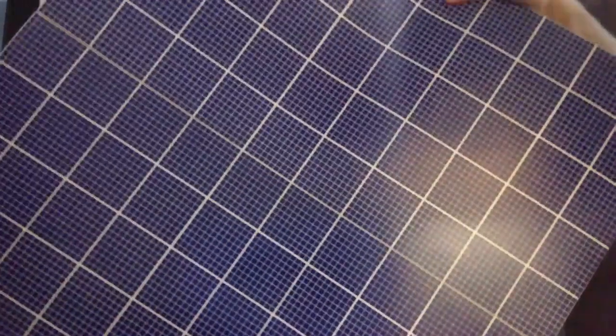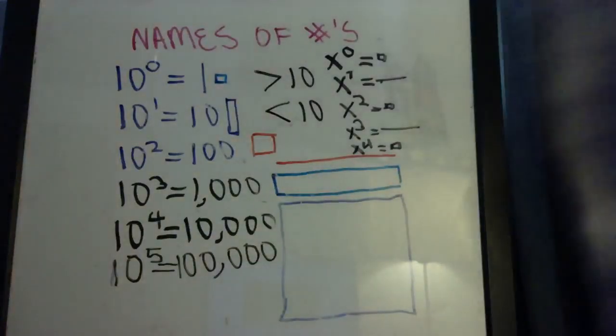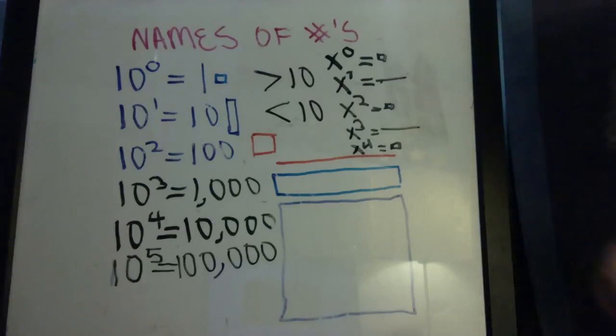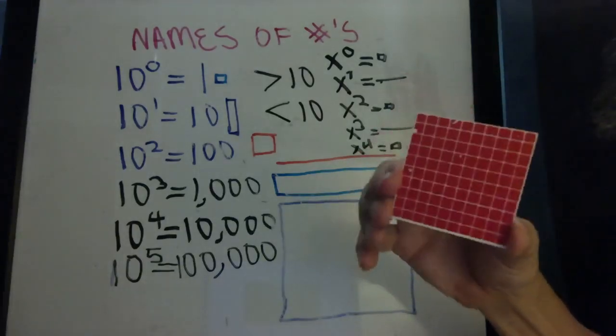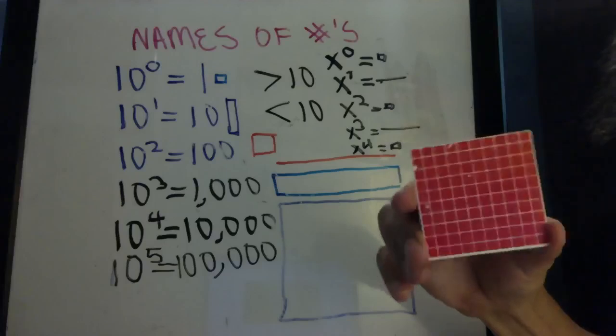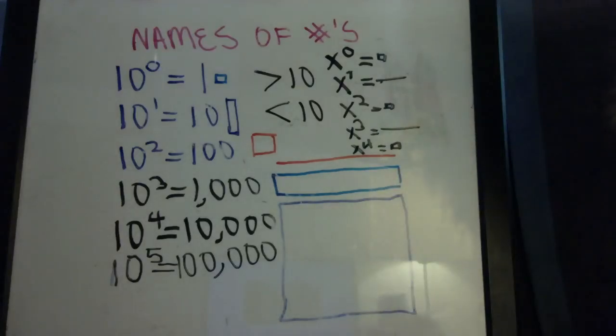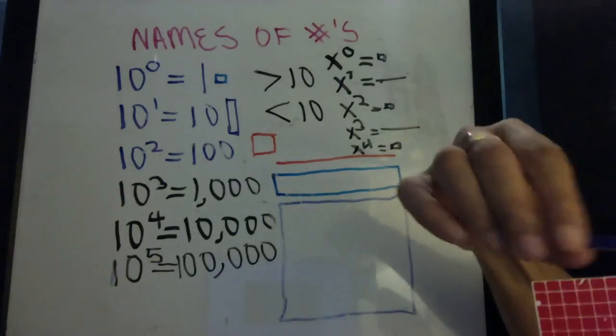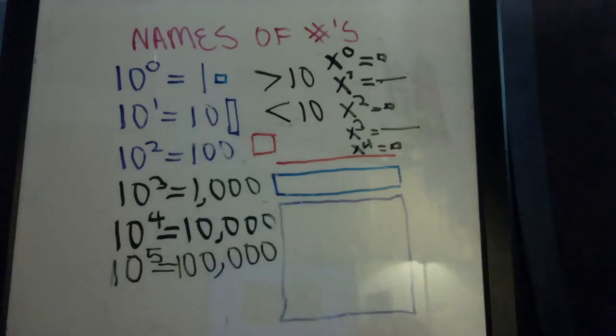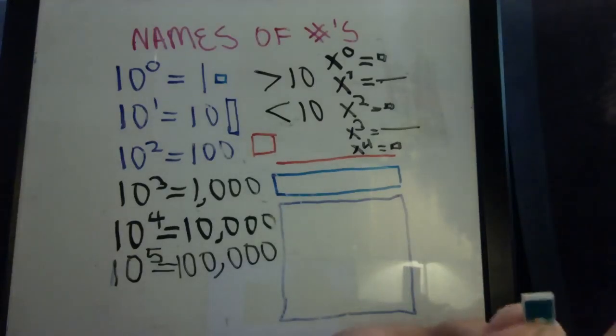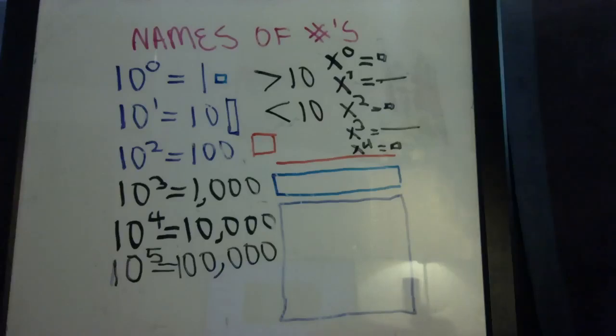You can use your imagination and say, you know what? I changed the scale, and now this is 10,000. Right? So what does this make this? This makes this 1,000. And what does this make this? This makes this 100. How tiny my 100 is. You can't even see the 10 or the 1.